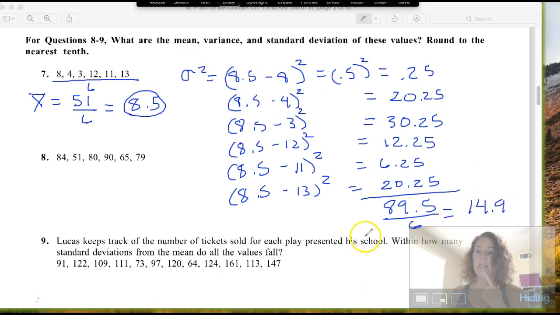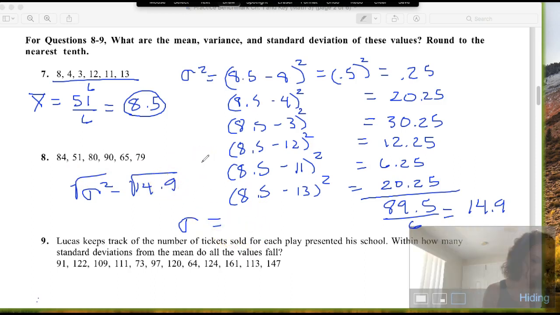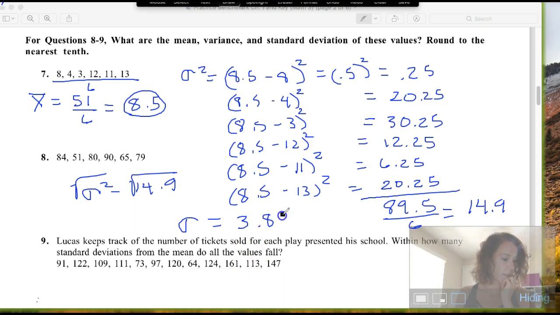Now my standard deviation is just sigma, which means I need to take the square root of this. So if sigma squared equals 14.9, I need to square root both sides to just find sigma. So I'm going to find the square root of 14.9, and that's going to give me 3.86, and that would be my standard deviation.